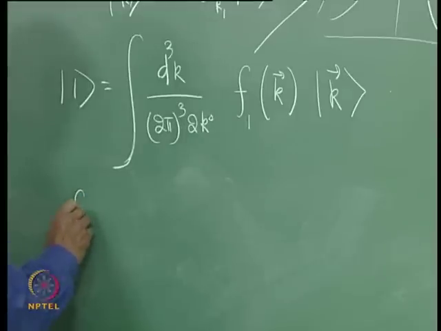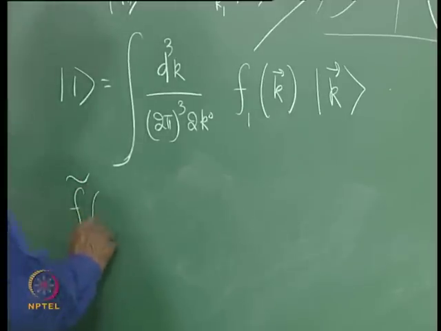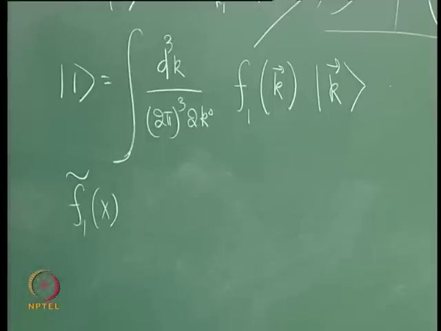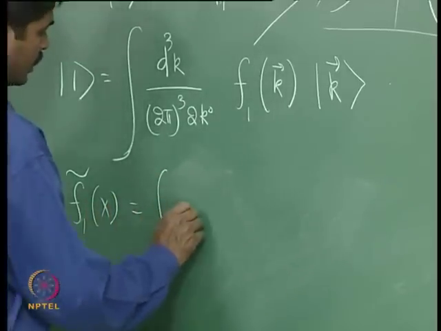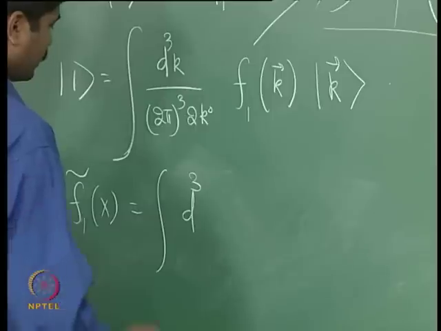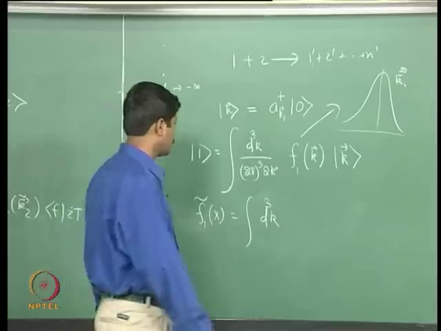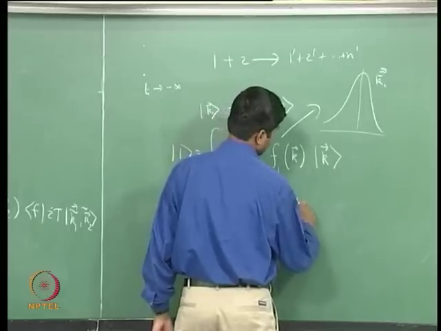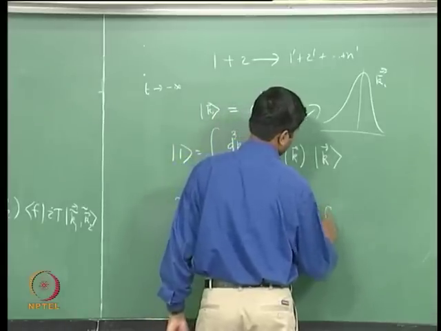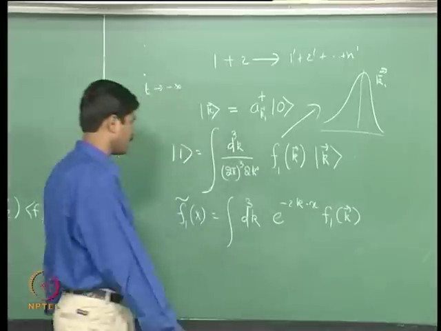I will define some quantity which I will call f1 tilde of x, which will be the integral d^3k times e to the power minus i k dot x f1 of k.